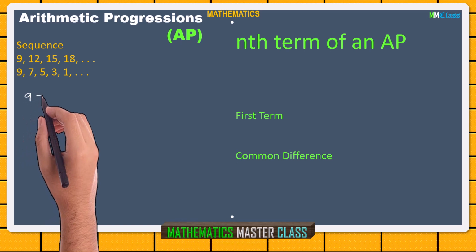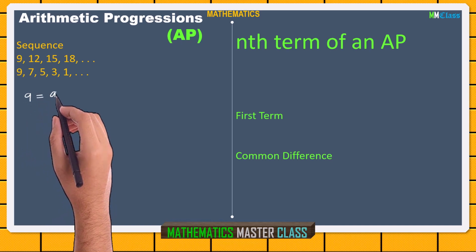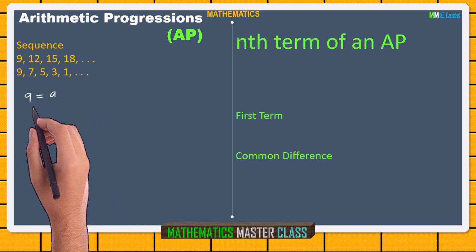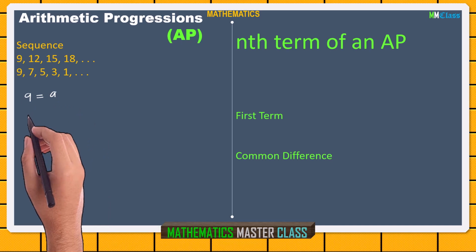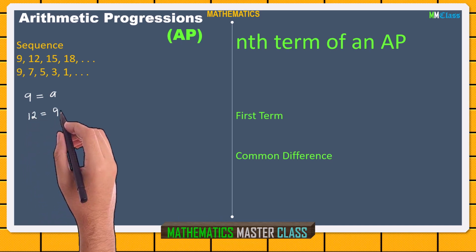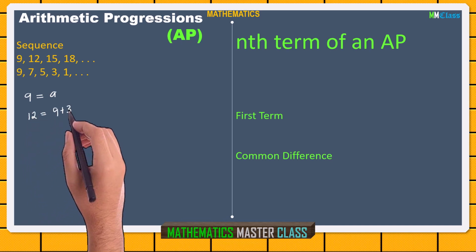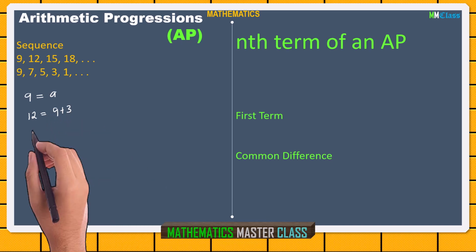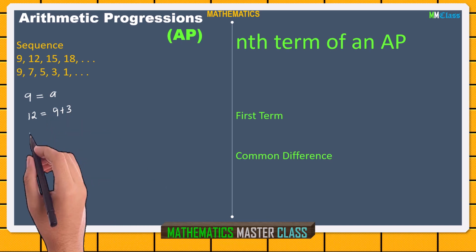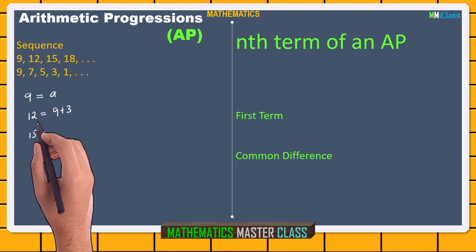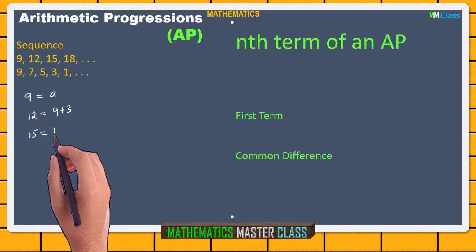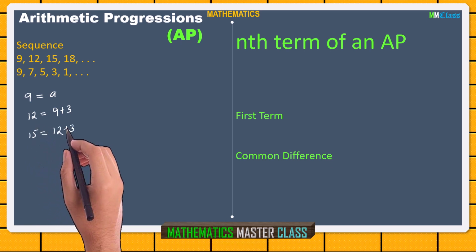Now, 9 is the first term, which is A. We use A to denote the first term. If you want to get the second term, which is 12, you say 12 is equal to 9 plus 3. Then to get the third term, which is 15, it will be equal to the second term, 12, plus 3 again.